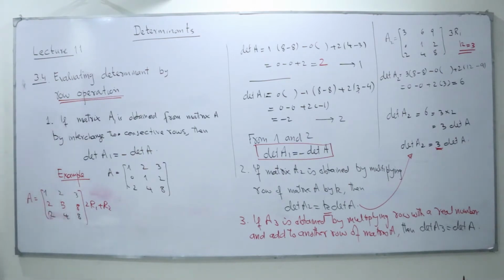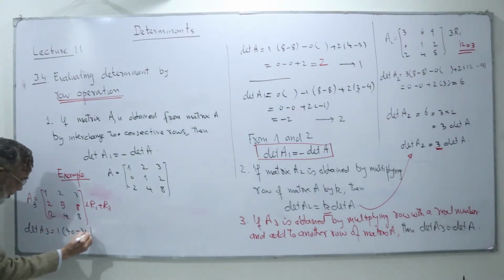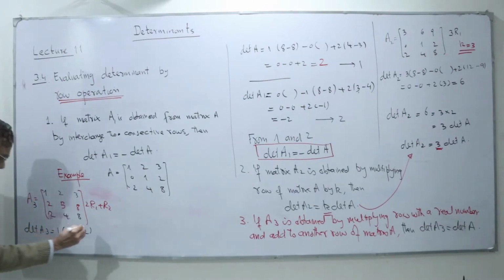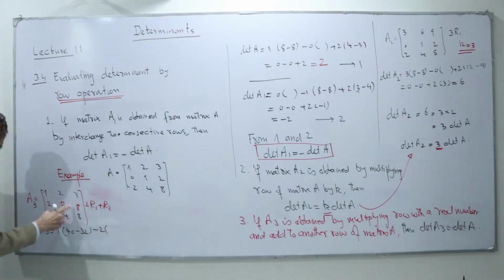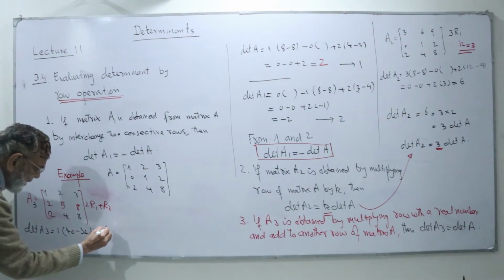So we say if we open this one, the value of determinant will not change. Let us check this one. I find determinant of A, this is my A3. So determinant of A3 is equal to 1 into cofactor, this is 40 minus 32. Then we take here by column minus 2, this is 16 minus 12.